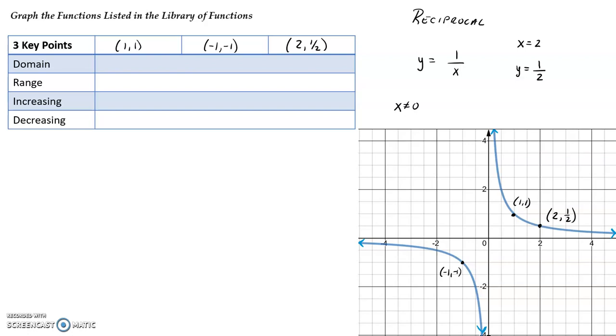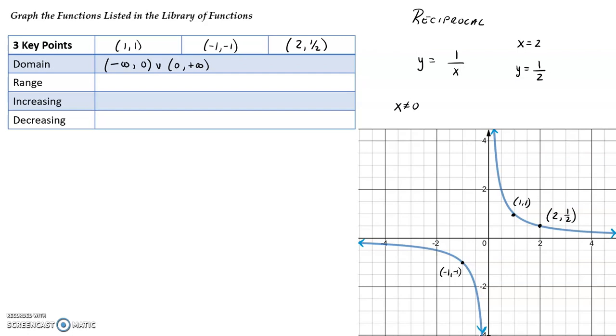So when we're working with our domain, we can use any other x value except for 0. So we can go from negative infinity all the way to 0. I don't want to include the 0 itself, so I'm going to go ahead and give it a parenthesis. And then it's going to pick right back up at 0 and keep going all the way to positive infinity. Notice I have parentheses on both of those zeros when I write my interval notation.